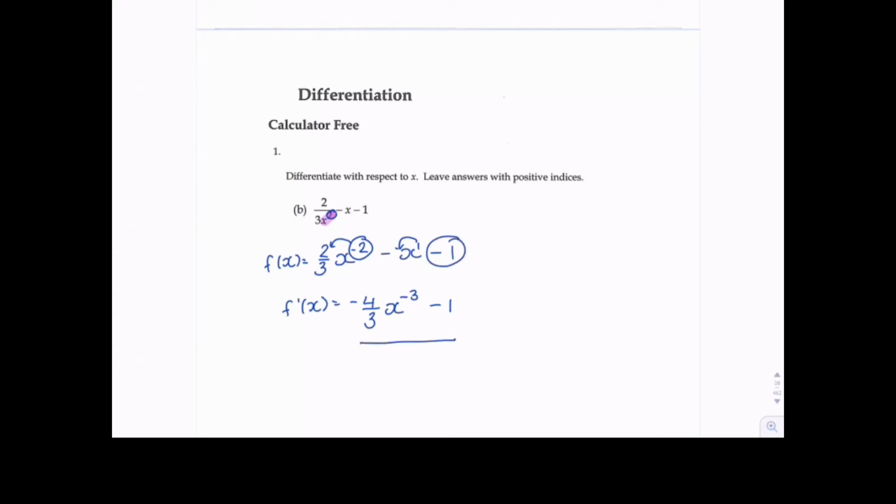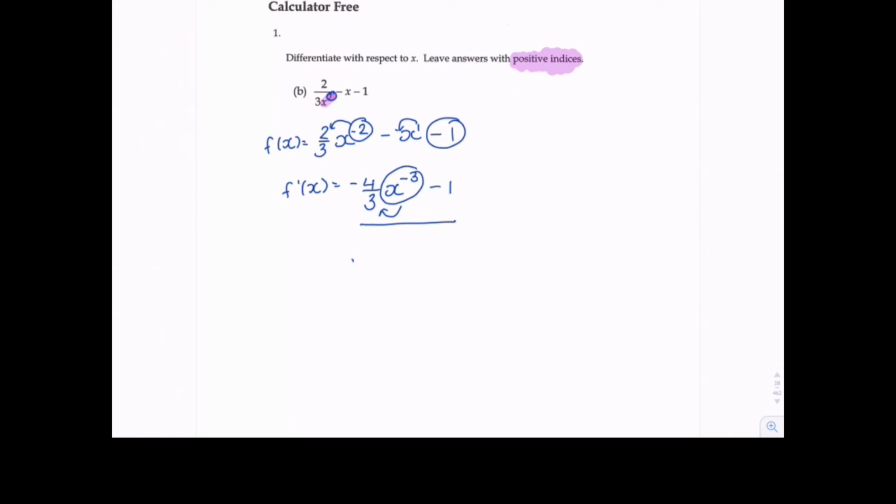So that's our answer. The only problem is we need to leave our answer in positive indice form, so we're going to need to bring this back down to the numerator to make it positive. So our differential is -4 on 3x cubed minus 1.